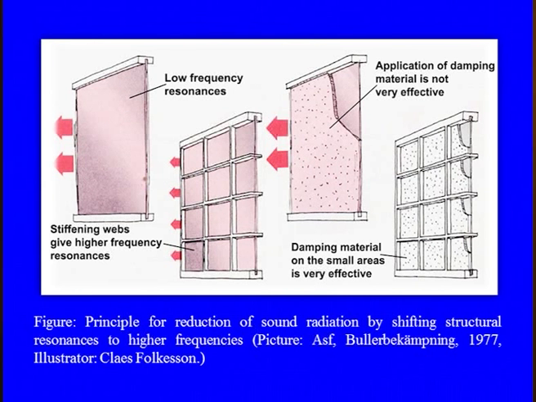By putting the various webs, the effective surface area is reduced, the resonant frequency is shifted towards the higher side, and then if we apply the damping material onto these small areas of the webs, there is an effective reduction in the vibration and sound radiation. This is because vibration is a molecular phenomenon: when there is a clear deviation in the molecular path, it cannot transmit effectively, instead of a straight metal surface where the transmission is very fast.